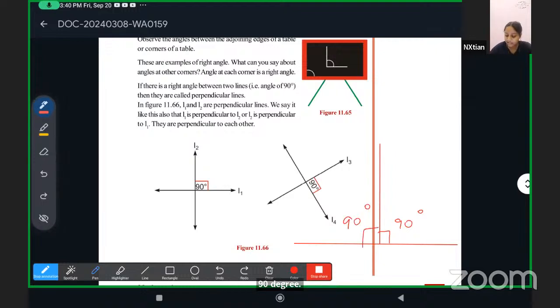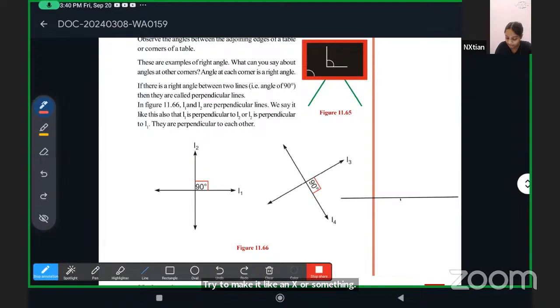So these are perpendicular lines. Or if I make the diagram like this, like a T, one line is there, and here 90 degrees is forming, and here also 90 degrees forming. So again, these are perpendicular lines.